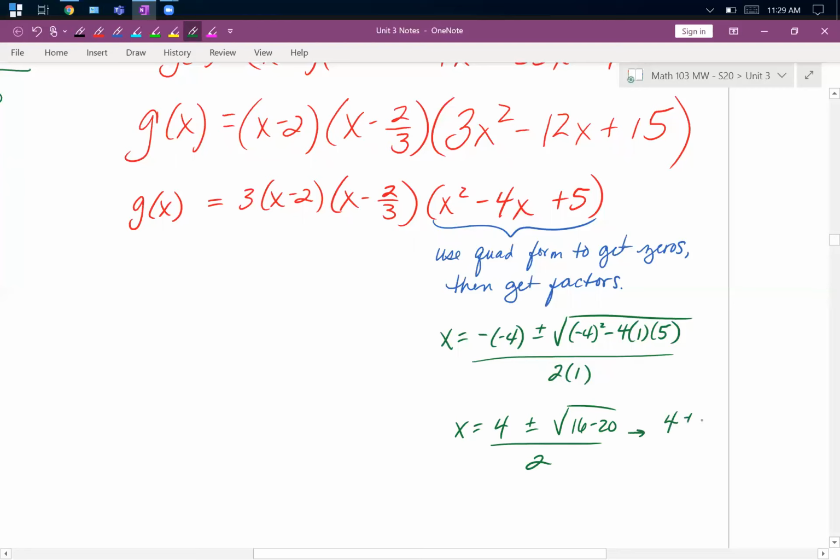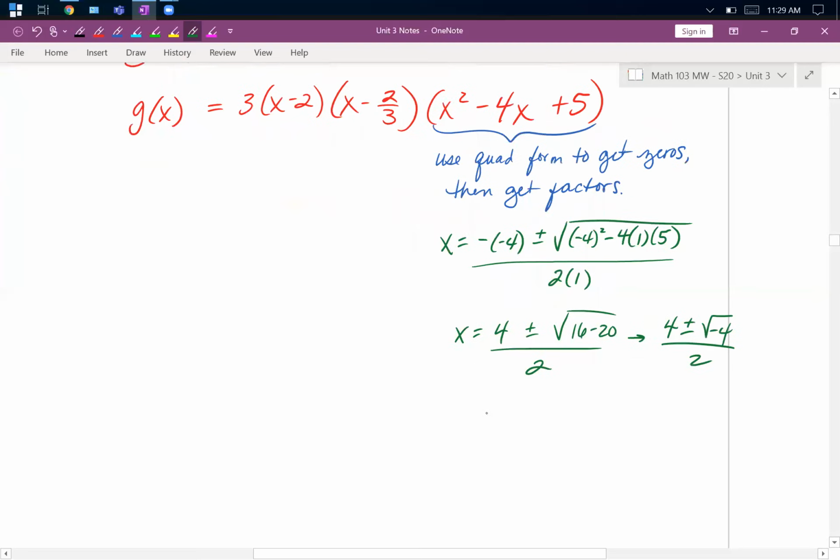That's 4 plus or minus the square root of negative 4, all over 2. The square root of negative 4 is 2i, so x is equal to 4 plus or minus 2i all over 2, which simplifies down to 2 plus or minus i.